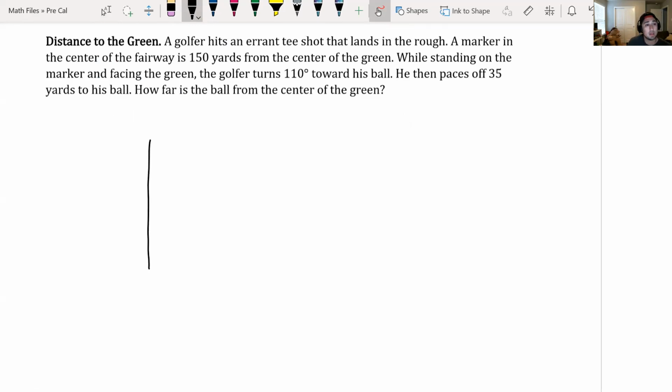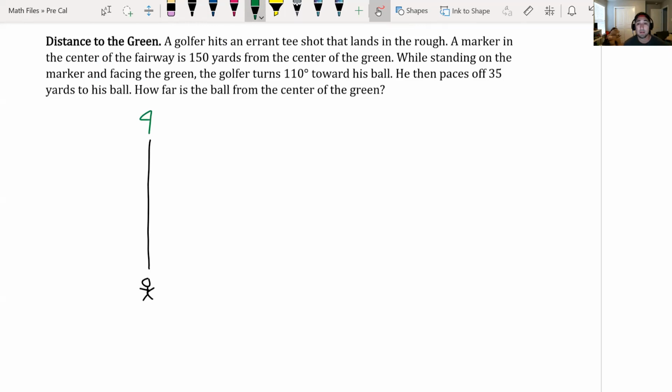So here is my golfer, and then we're trying to get it to the green.